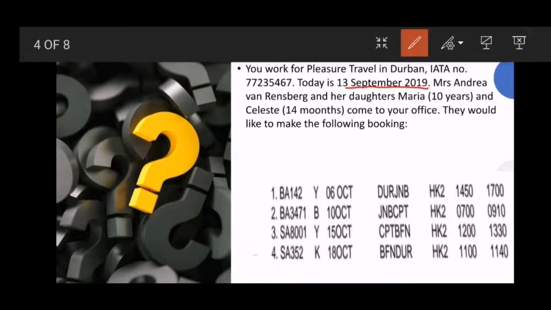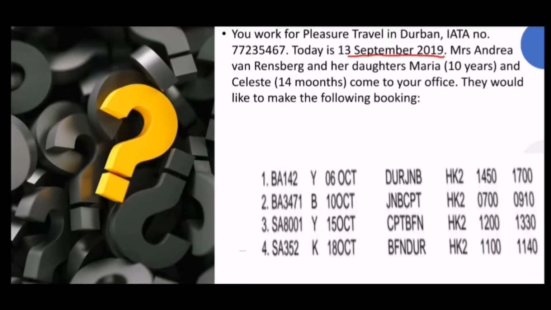Then you take this information and write it into your fare calculation template. The important information that you're going to include is your carrier.